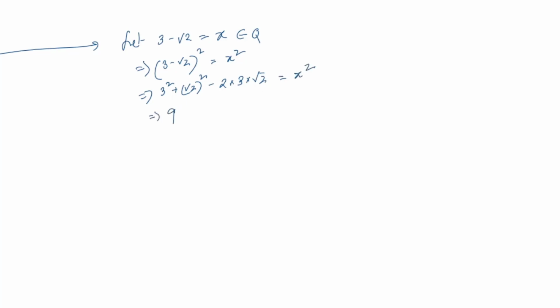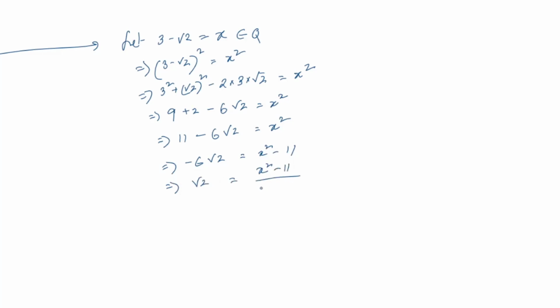So 3 plus 2 minus 2 root 6 is equal to x square, that is, 5 minus 2 root 6 is equal to x square, so root 6 is equal to 5 minus x square divided by 2.